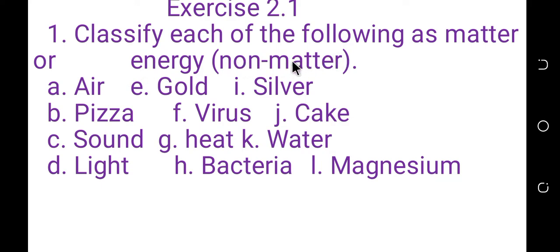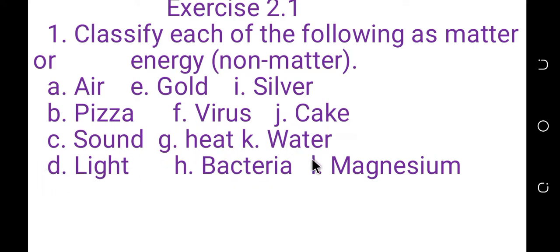A: air, B: pizza. Is air matter? Yes. Pizza? Yes. Sound? No. Sound, light and heat are not matter.